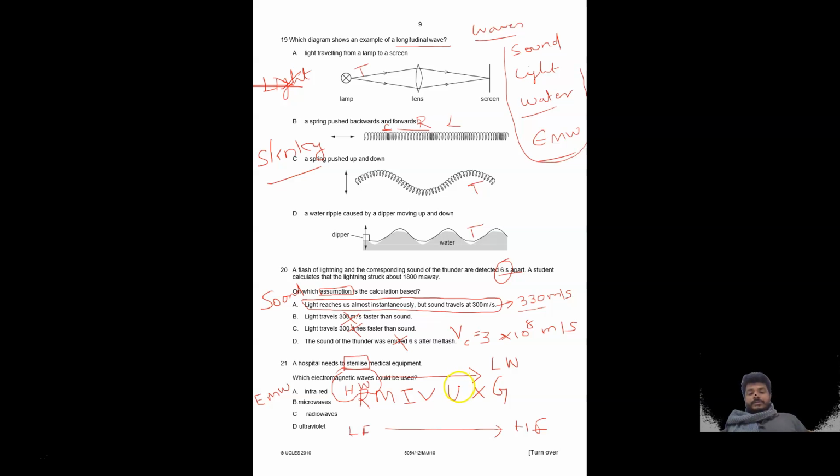If you have fake dollars, fake euros, fake pounds, you can use ultraviolet radiation to pass through the paper and then you can find the pattern of the note and the currency, and then you can easily find out if it is fake or original. X-ray is used to detect cracks in metal pipes under the ground, and you can take an X-ray photograph to find fractures in the bones, because the X-ray can penetrate the flesh but it is stopped by the bone.